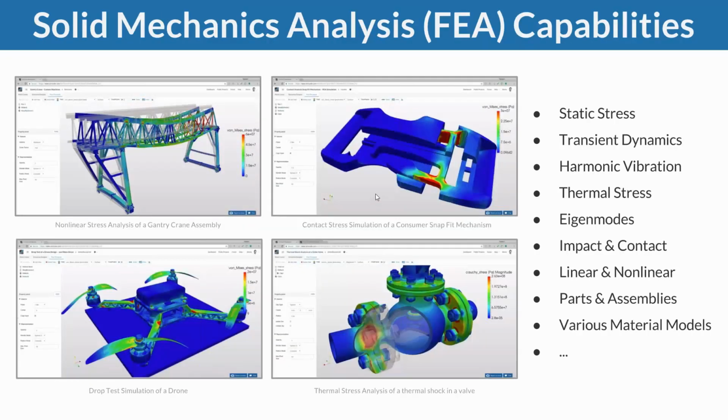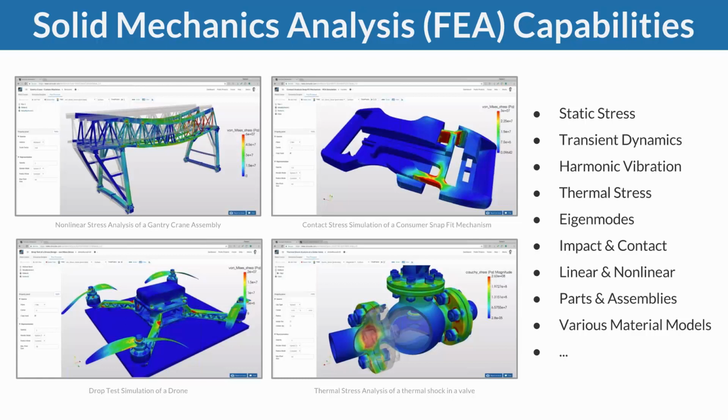So from the capability side, obviously we have a pretty complete FEA package on the platform. You can do static stress analysis, also all kinds of dynamic simulations like transient dynamics, harmonic vibrations, frequency analysis, eigenmodes, but also thermal simulations, any kind of nonlinearities like contact with friction.